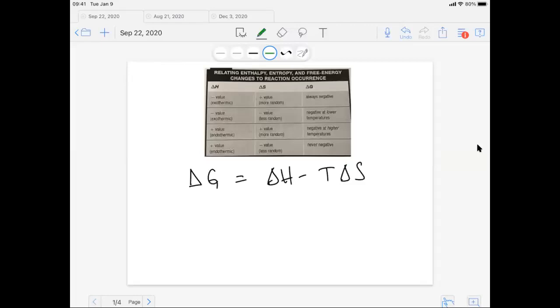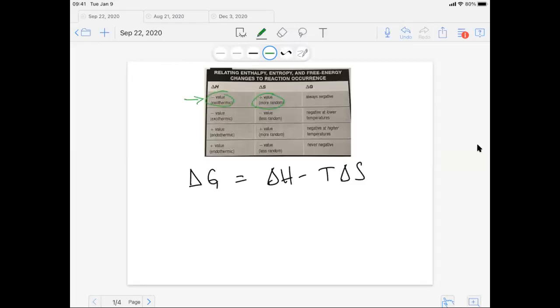So for the first one, we have a negative value of delta H, which we know is already favored for spontaneity, and a positive value of delta S, which of course is more randomness, and that's also favored.